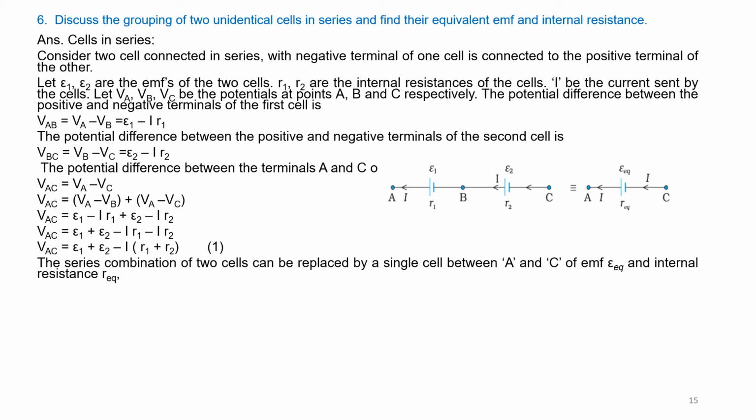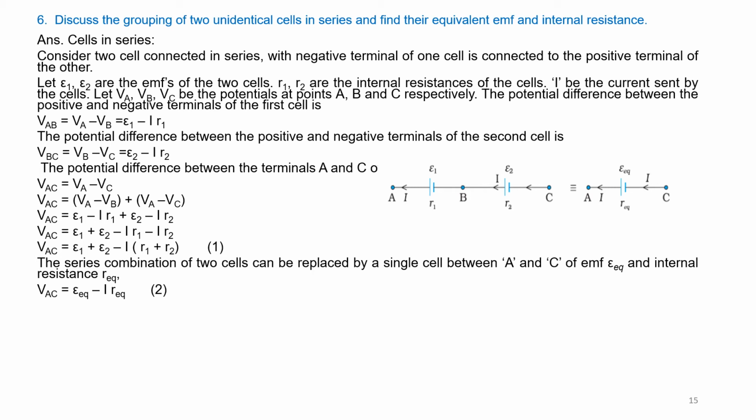That means the series combination of two cells can be replaced between A and C by EMF E equivalent and internal resistance R equivalent. VAC is equal to E equivalent minus I R equivalent.